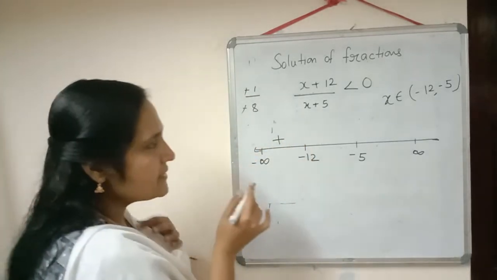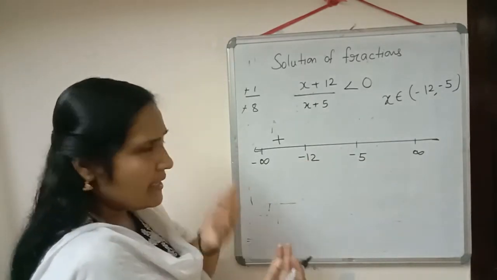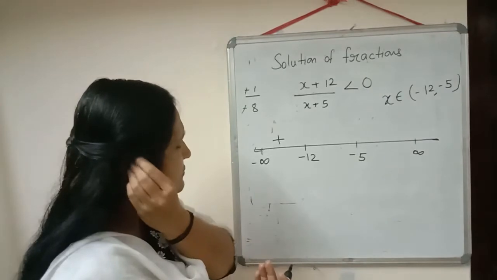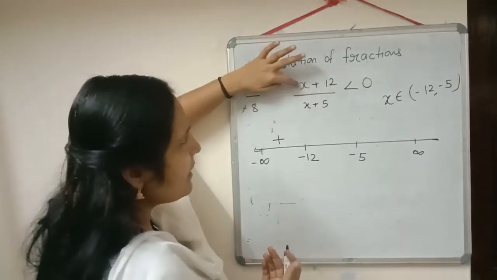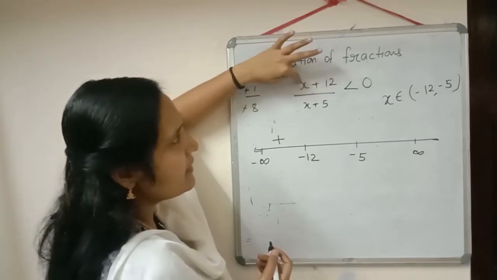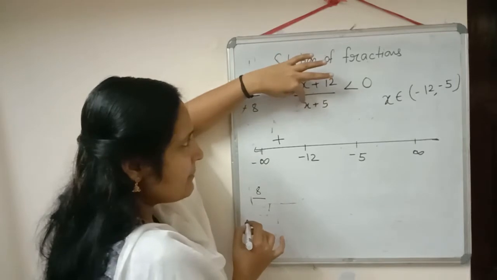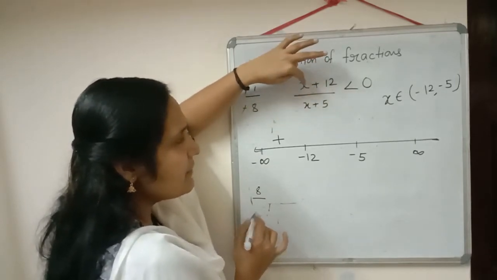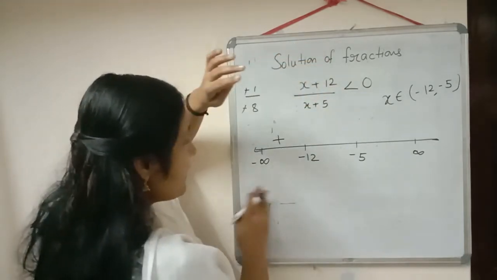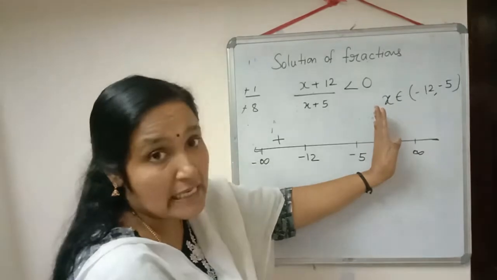Correct? Now take a number between minus 12 and minus 5. Any number we can take. Shall we take minus 4? Then minus 4 plus 12 will be 8, by minus 4 plus 5. But minus 4 will not work, because minus 4 lies outside the interval between minus 12 and minus 5 on the number line.